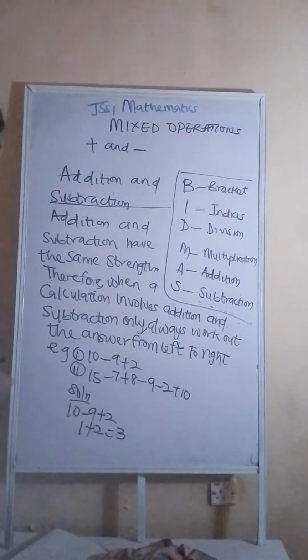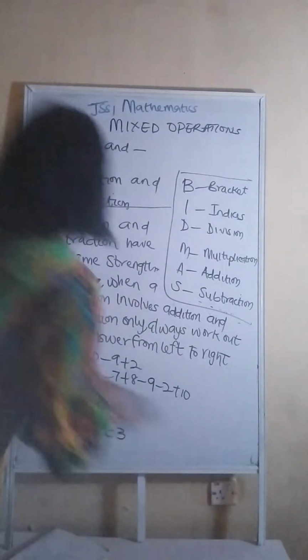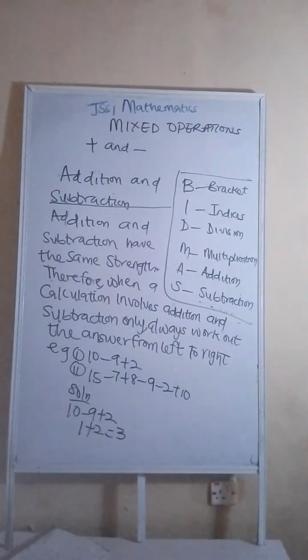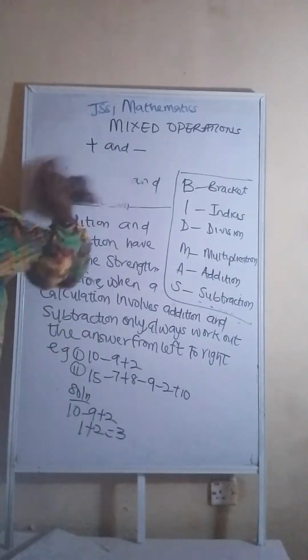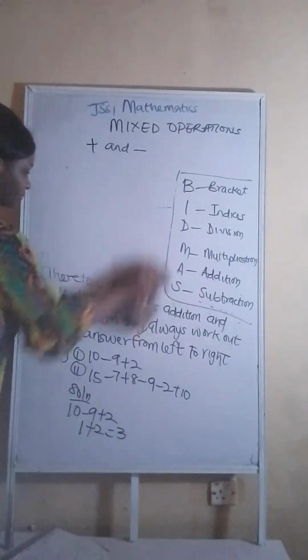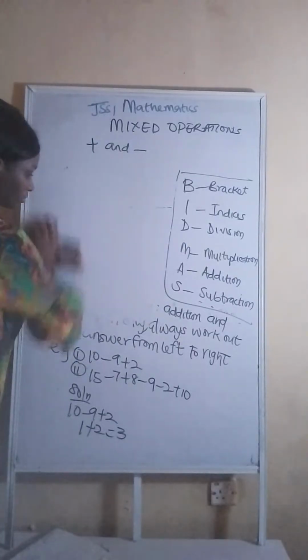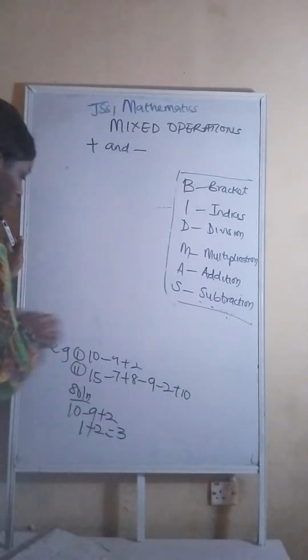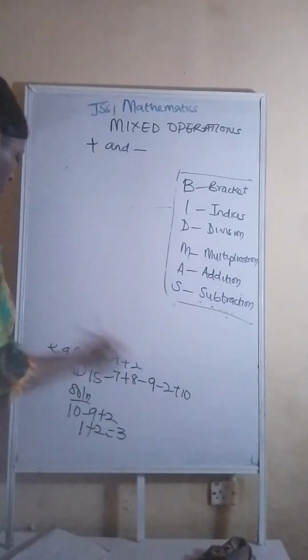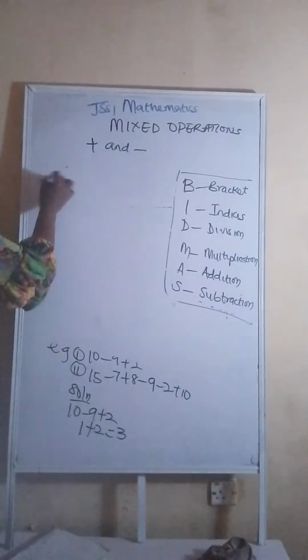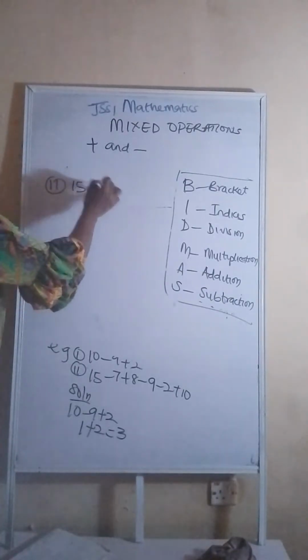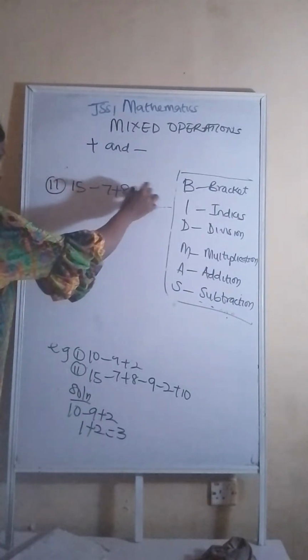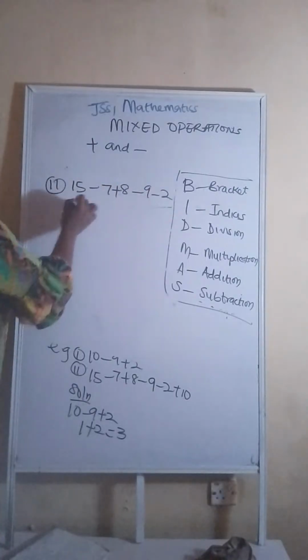So now let's solve the second one. The second one says 15 minus 7 plus 8 minus 9 minus 2 plus 10.